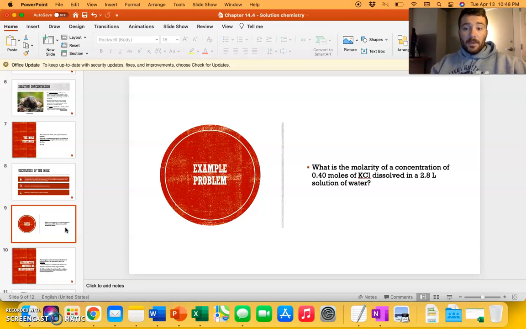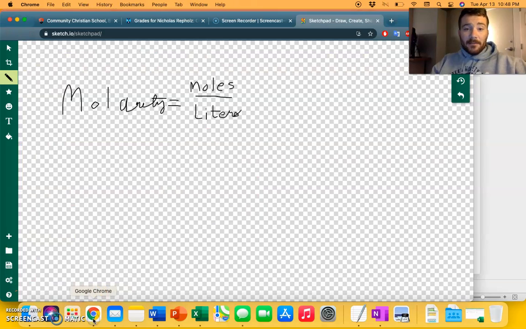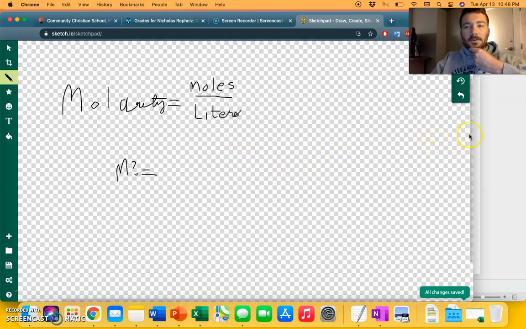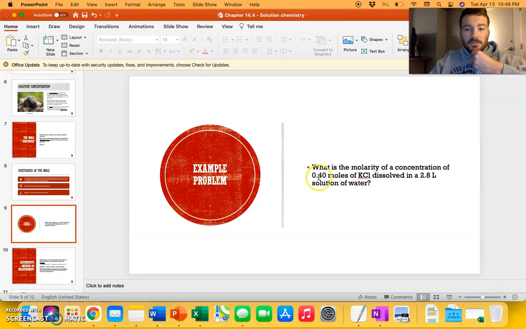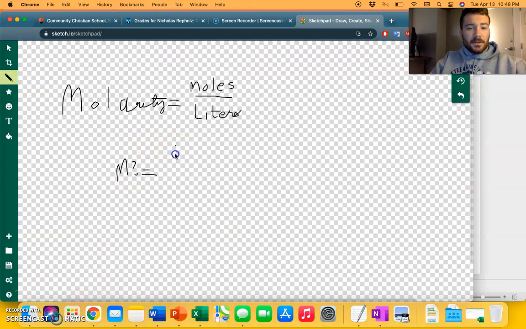So we have what's the molarity. This is what we're finding, molarity. What's the molarity? That's our variable. Of how many moles of potassium chloride? 0.4 moles.